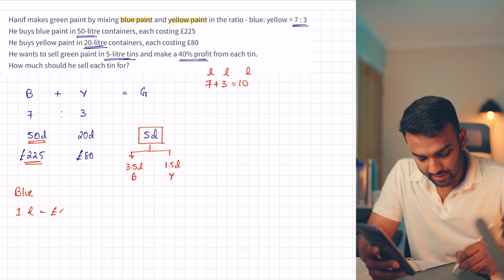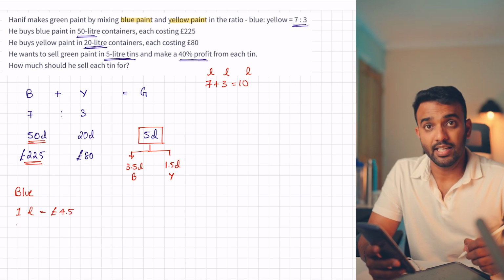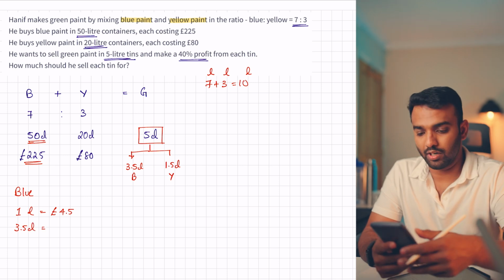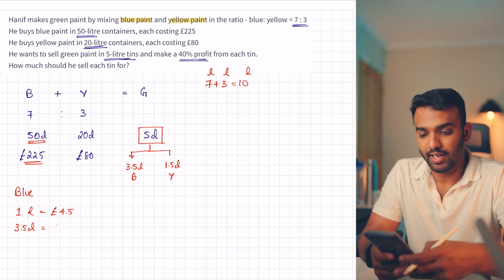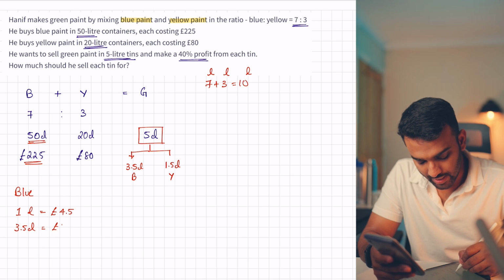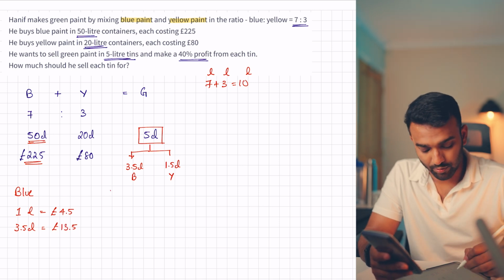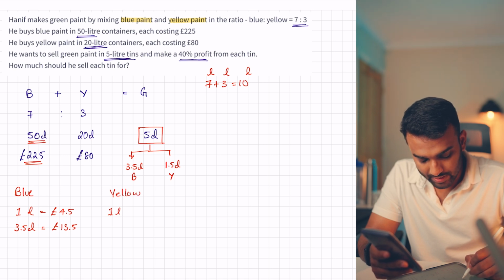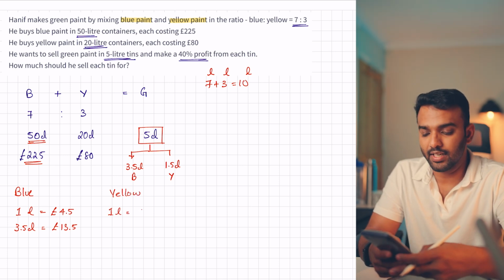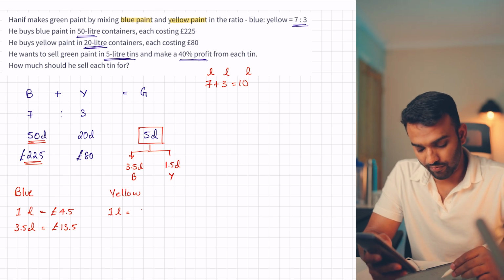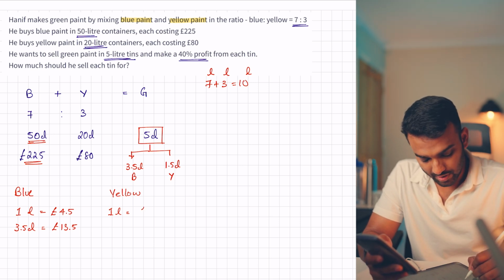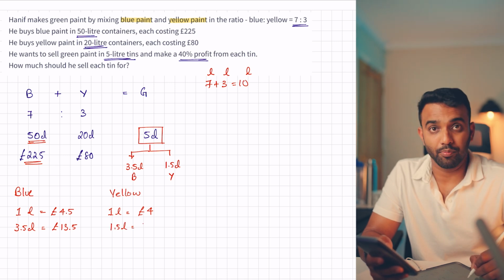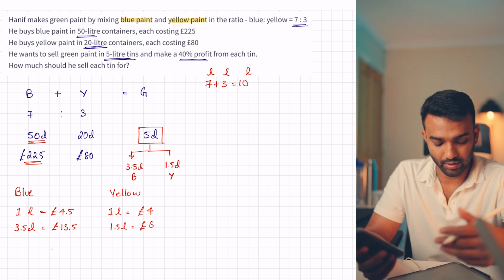So 1 liter is £4.50, and therefore 3.5 liters will cost him £4.50 times 3.5, and that gives you £15.75. Sorry, as stated, that's for blue. For yellow, 1 liter will be 80 divided by 20, of course that is 4 pounds. We need 1.5 liters, and that would be just 6 pounds, right?